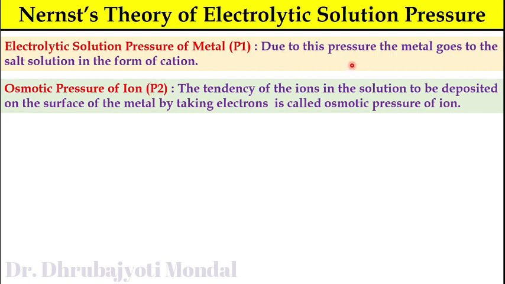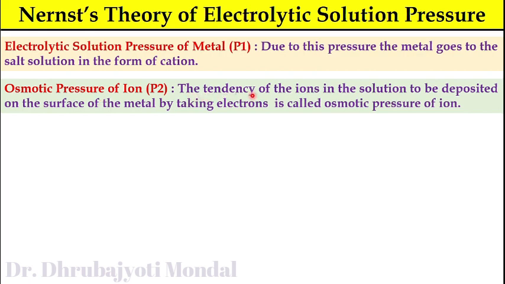Now what is P1? Due to this pressure, the metal goes into the salt solution and forms a cation. For example, a zinc atom goes into the solution and forms the Zn2+ ion. And what is the osmotic pressure?